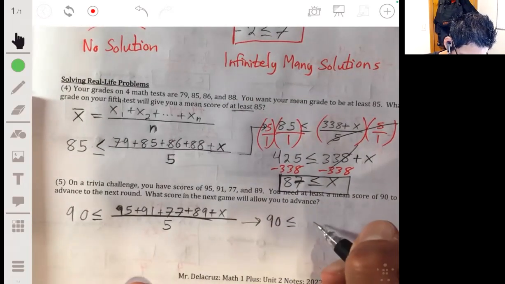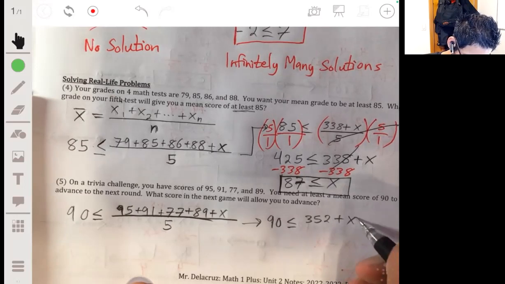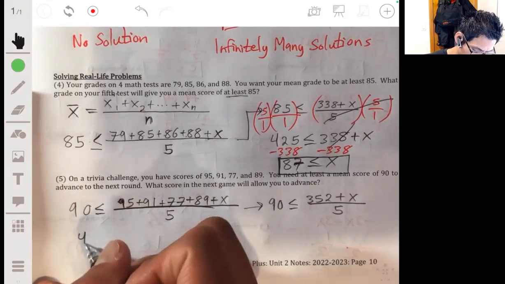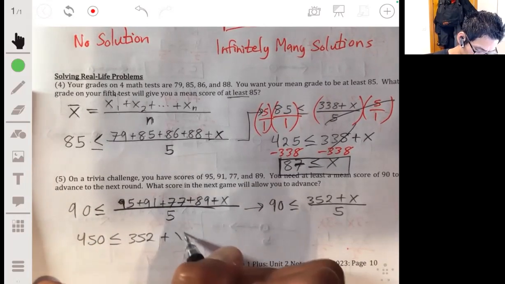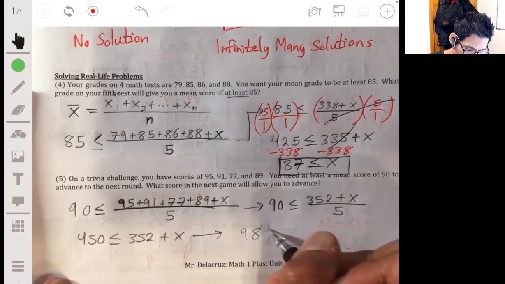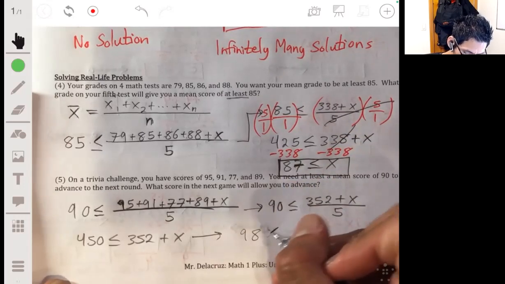Ninety is less than or equal to 352 plus x over 5. Multiply both sides by 5. 450 is less than or equal to 352 plus x. x must be at least 98.